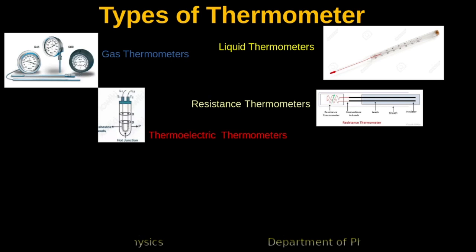The various thermocouples commonly used, like copper-constantan, chromel-constantan, platinum and rhodium, iron and constantan, chromel and aluminum, are used in thermoelectric thermometers.